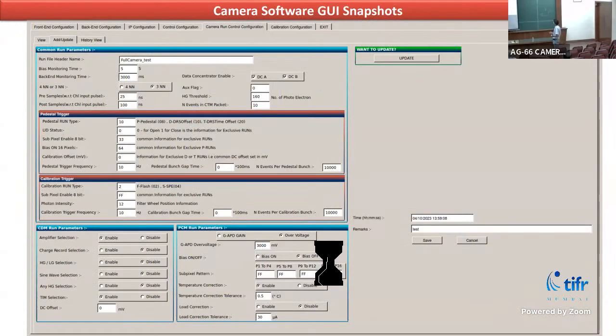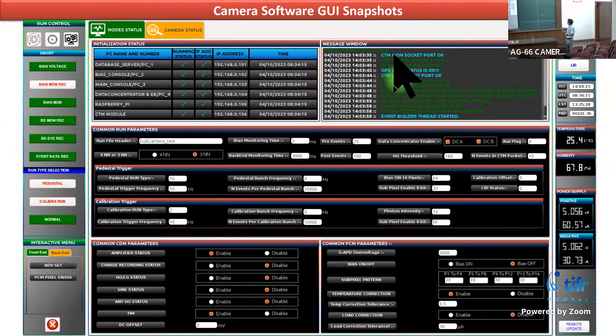These are some snapshots of the camera software GUI. This is the database, where we keep the record of all the pixels and various other calibration coefficients. This is the main console GUI, from where we control camera operations and monitor some of the parameters.